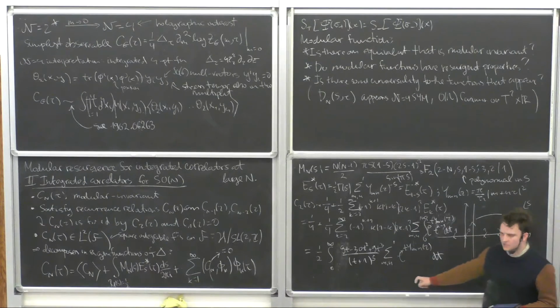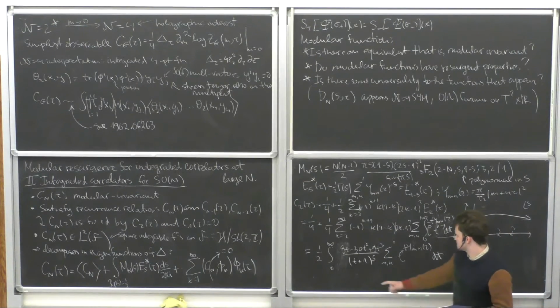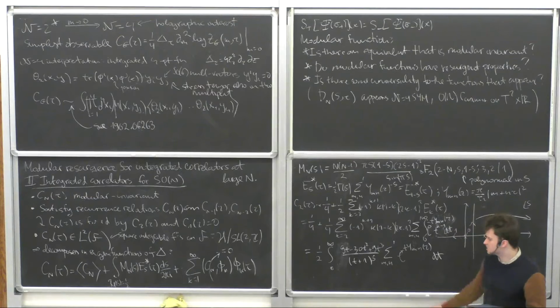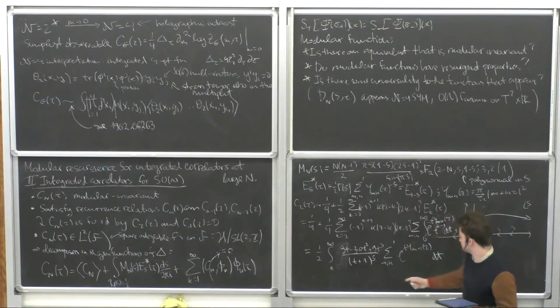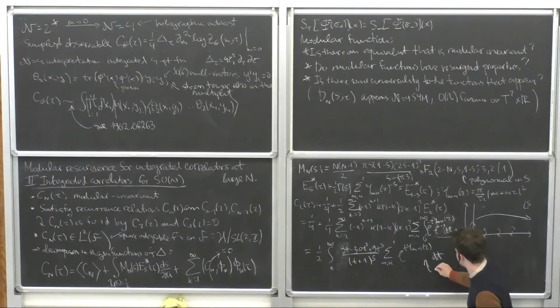So what we have basically obtained now is a new representation. This is, again, a completely fine convergent representation for tau. We started with a formal series, and indeed, this is actually just a representation for C_2 of tau.